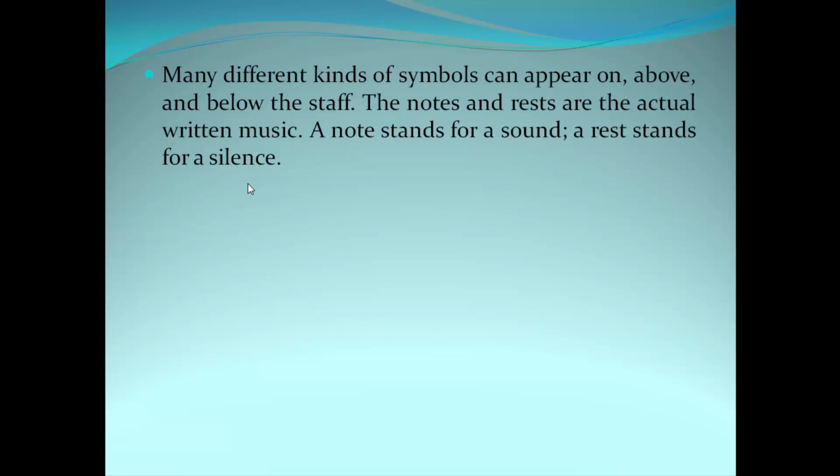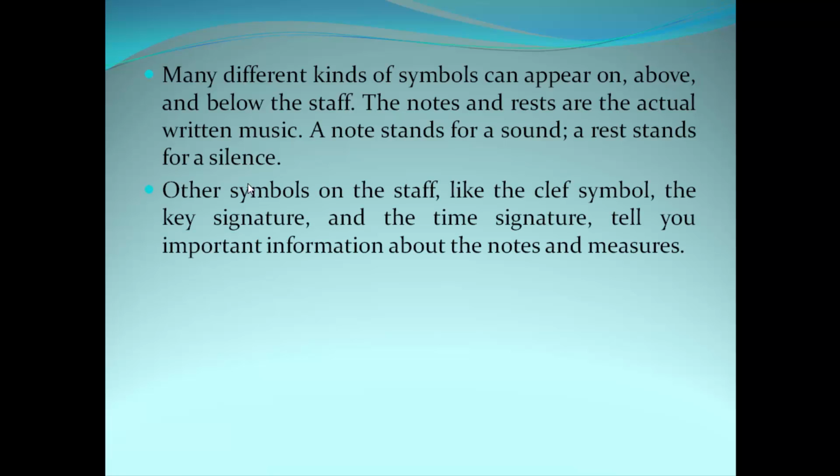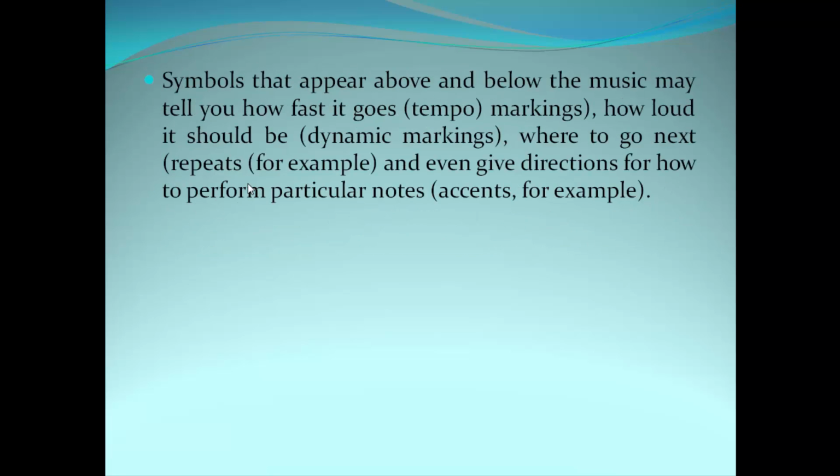Many different kinds of symbols can appear on, above, and below the staff. The notes and rests are the actual written music. A note stands for a sound, a rest stands for silence, okay? Other symbols on the staff, like the clef symbol, the key signature, and the time signature, tell you important information about the notes and measures.